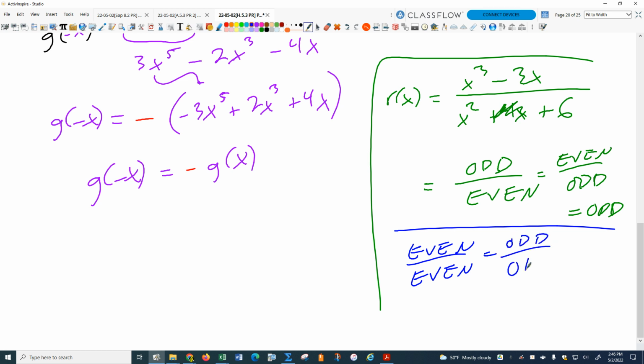So how can you think about this? Can anybody come up with a quick trick? I'll give you a hint. It's similar to our sign rules. If you're dividing positives and negatives, you have some rules, right? So what's our rule here?